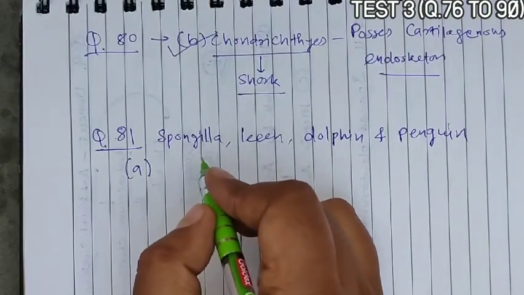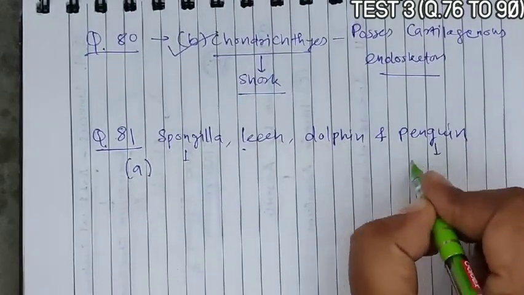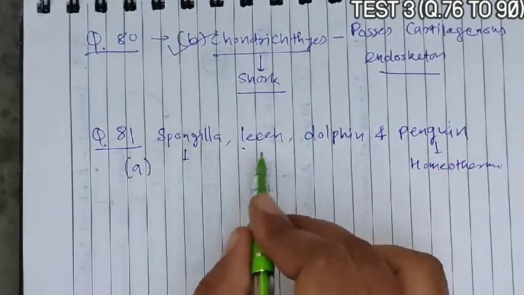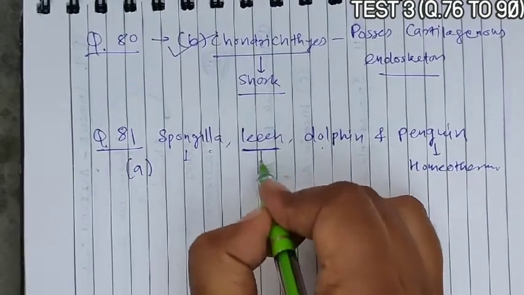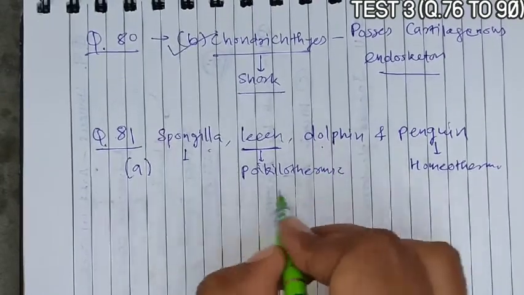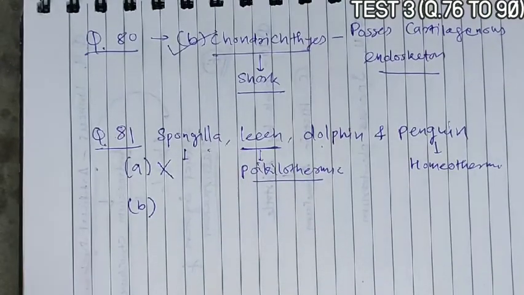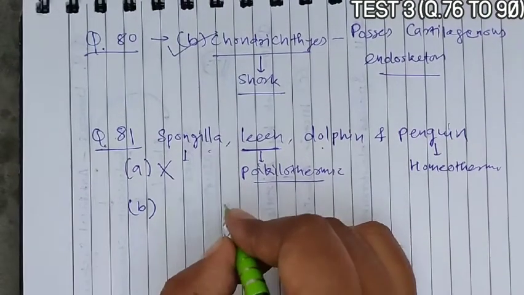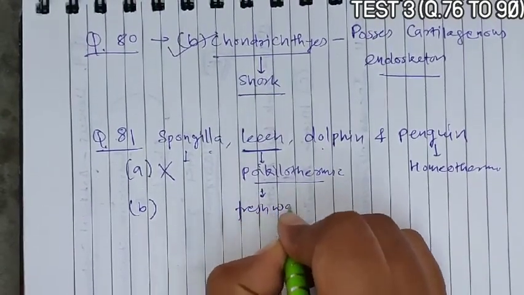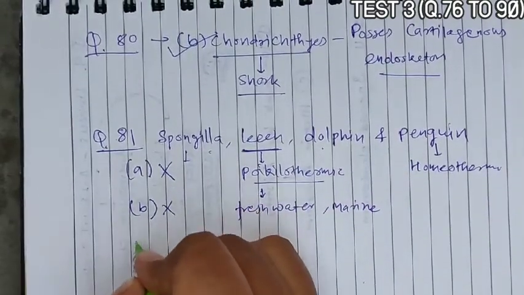Yes, penguin is homeothermic, others like dolphin are also homeothermic, but leech is poikilothermic, so this does not apply to all four. Option B says leech is a freshwater form while all others are marine. Yes, all others are marine, but leech is freshwater and some are marine as well. So this also becomes an incorrect option.